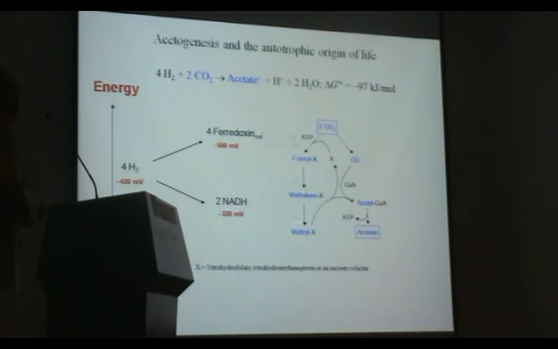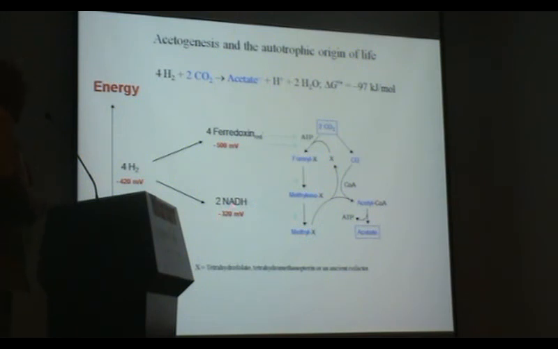We still don't know the bioenergetics yet, because here we need ATP and here we get ATP, so there is no net formation. But we think that this reaction has a very positive redox potential that could be also used for another bifurcation.